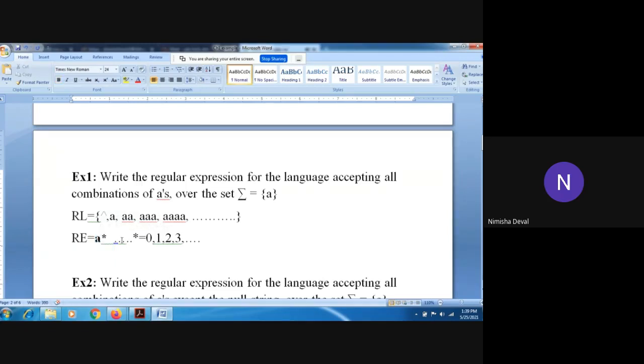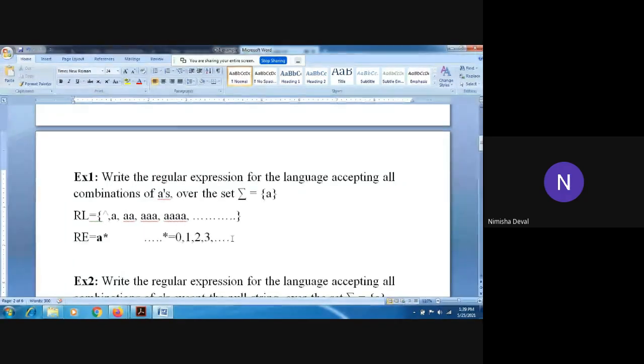Understood? Any queries? Yes students, understood? Yes, ma'am. Okay, should we move towards the next example?